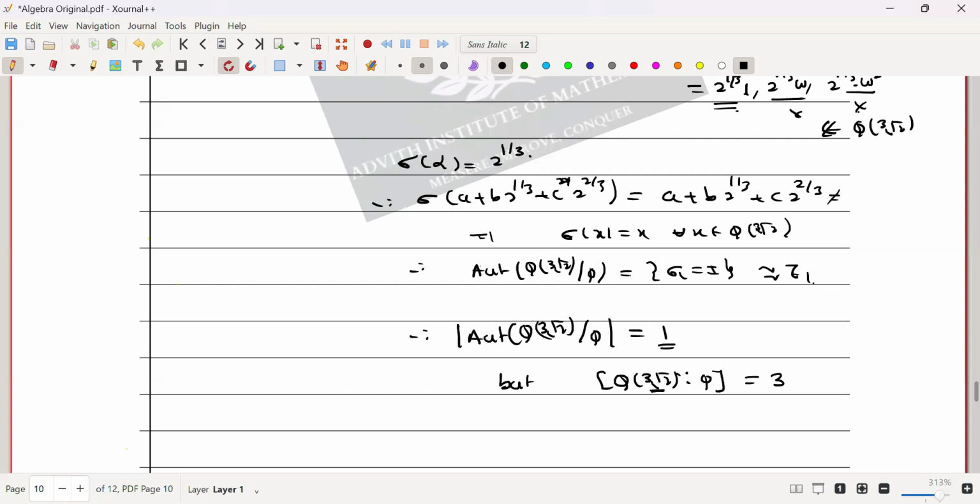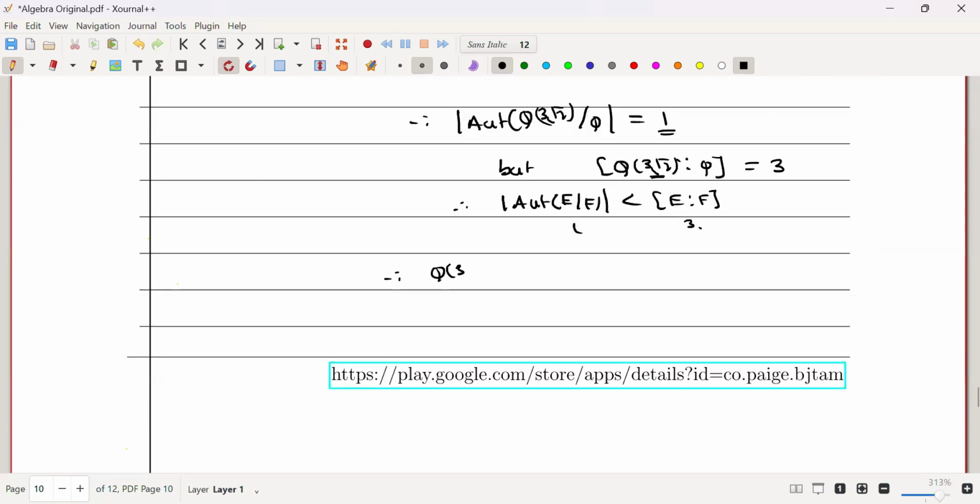So the order of the automorphism group of E over F, which is 1, is less than the degree of E over F, which is 3. Therefore, Q of cubic root of 2 over Q is not a Galois extension.